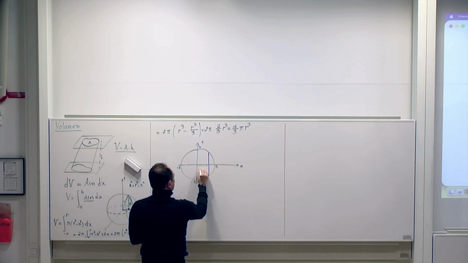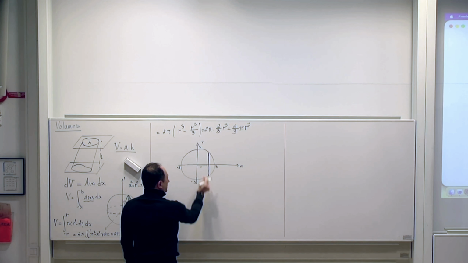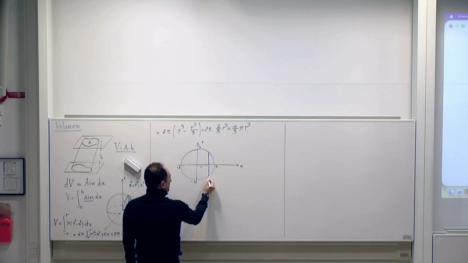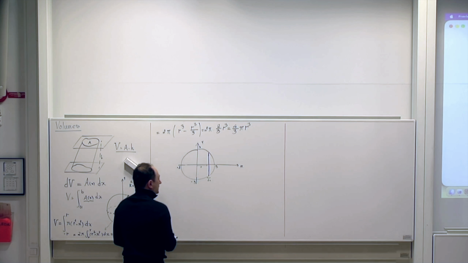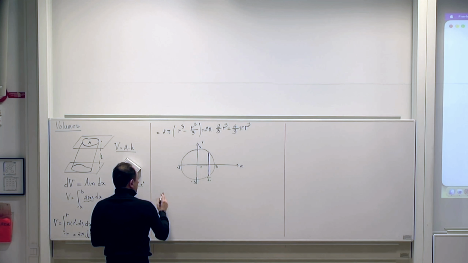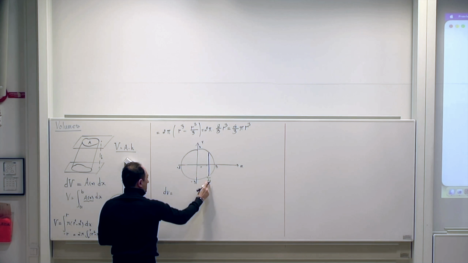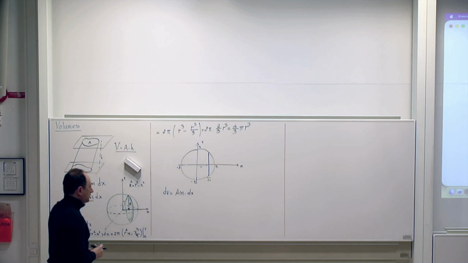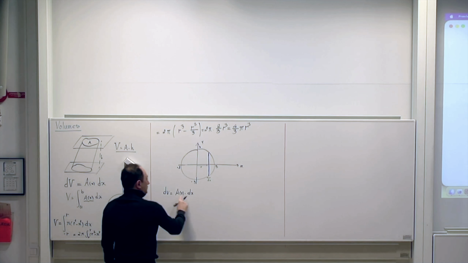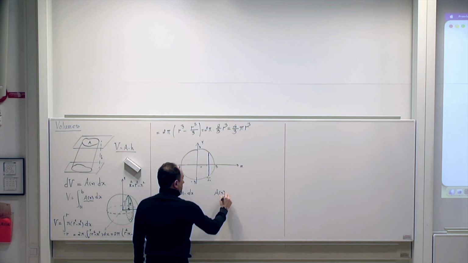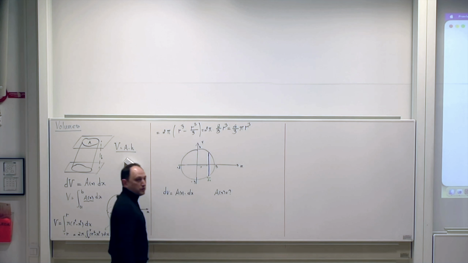From here to here, this can change. This thickness, I call it dx. And the infinitesimal volume of that cross section is dx multiplied by the area of that particular cross section. So the only thing I have to do is to find the area of the cross section as a function of this x.